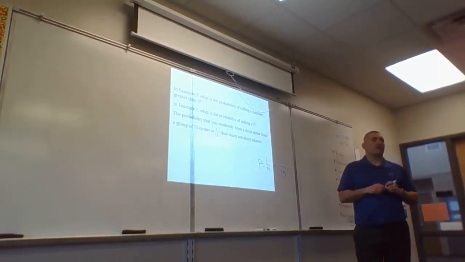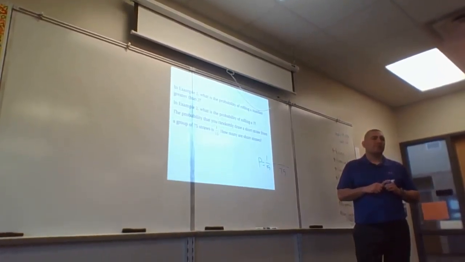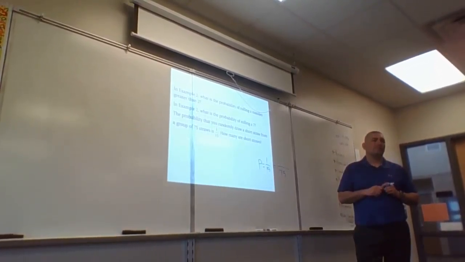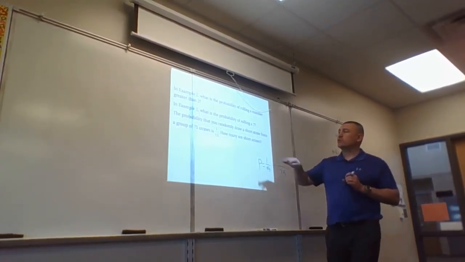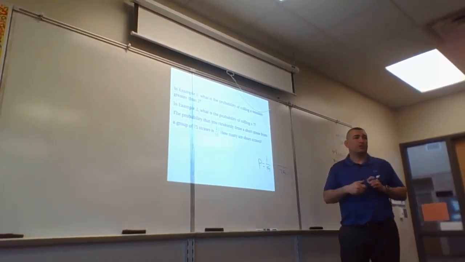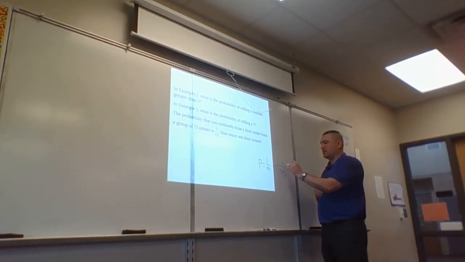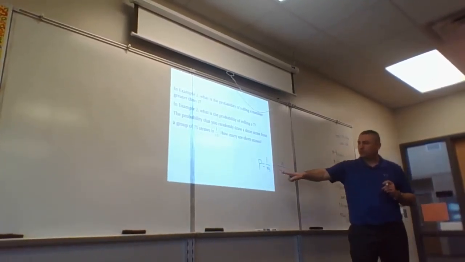Do we know what our favorable outcomes are, Connor? No. Well, okay, what are we trying to do? We're trying to draw a short straw, and it's asking us how many short straws. So do we know that? No. So we're going to put X there, right? So how are we going to solve that if we know those two numbers?